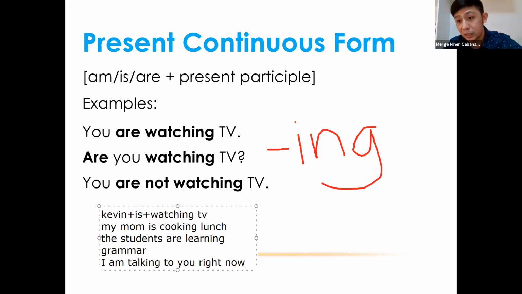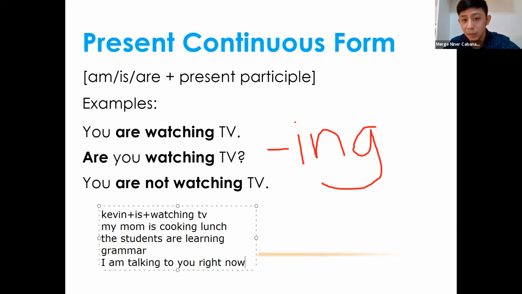Sometimes you will repeat the last consonant. Let's say nap will become napping. Hit will become hitting. Sometimes you will remove the E. Shake will become shaking. Leave will become leaving. Hate will become hating. But remember that every single one of them must end with ing.